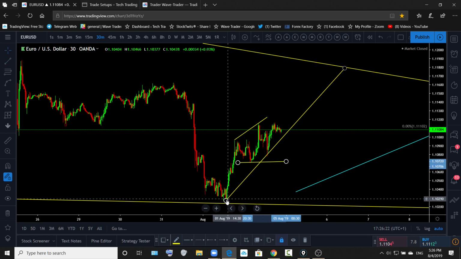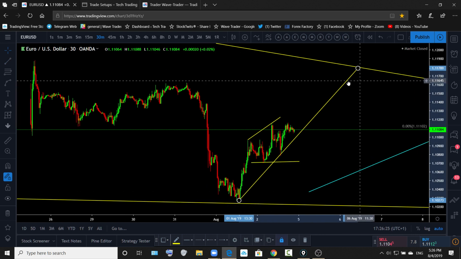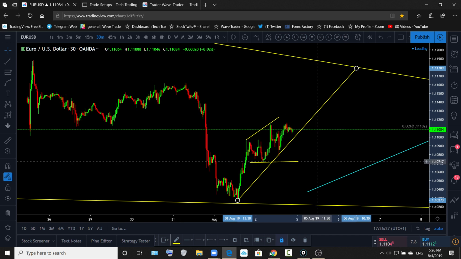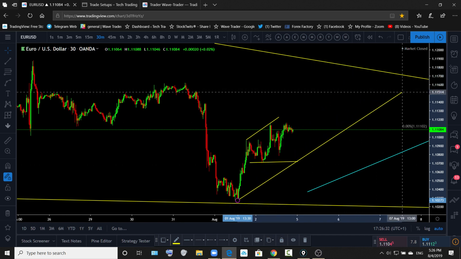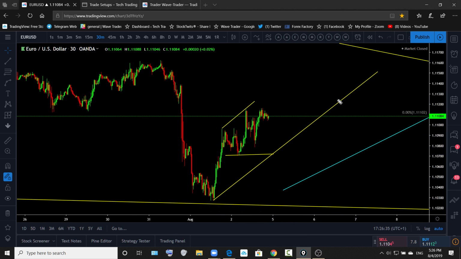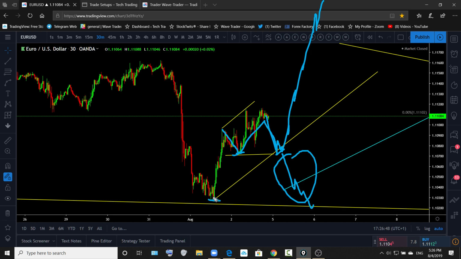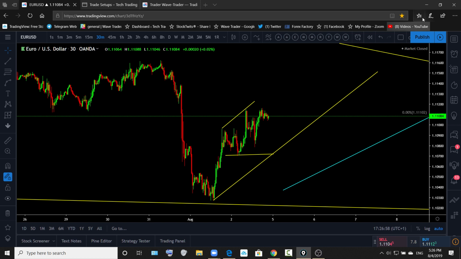All right, so go down and continue to go higher, an ABC move, and continue to go higher. If it breaks down that bottom, it goes lower. So one more drop, maybe a new low after that, it can break down that bottom. So you're looking for a solid aggressive move like that on the euro dollar from the bottom, and reversal.